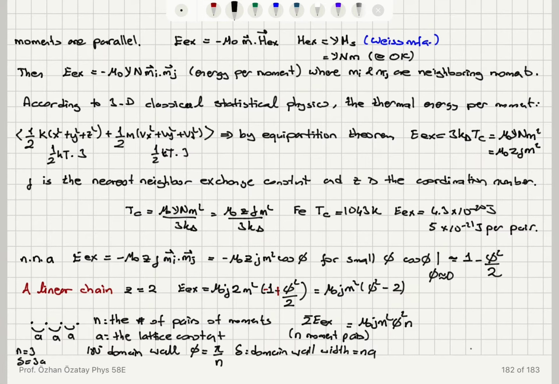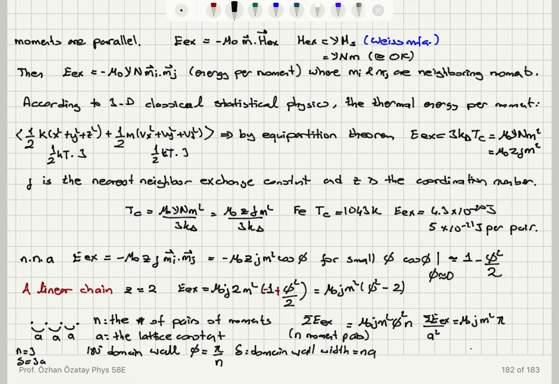So if I look at the total exchange energy per area, that is divided by a squared. If I have a lattice constant a, the area of one side of a cell is a squared. This will be equal to mu 0 j m squared.